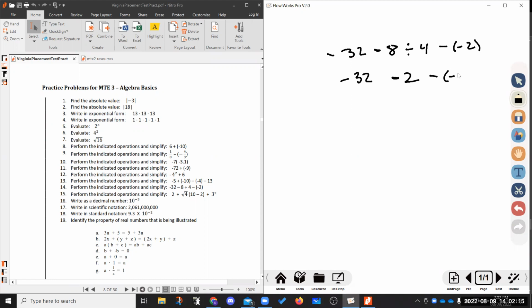I also have minus a -2 here. That division happened first. Now this multiplication happens. Addition and subtraction can happen in any order from left to right. That's plus a negative. So this is going to be this -2 plus that 2. Those are opposites that add to give me 0. I should be left with a -32.